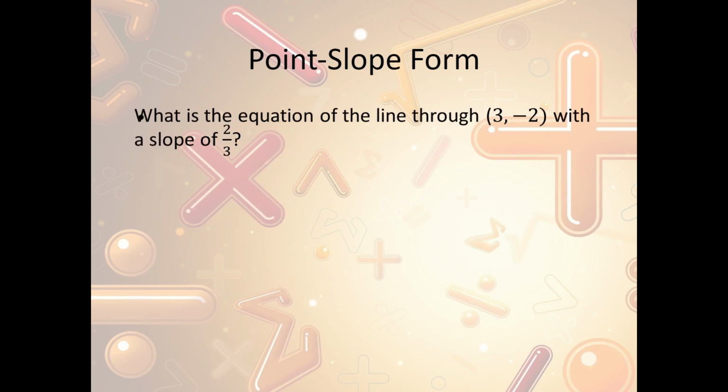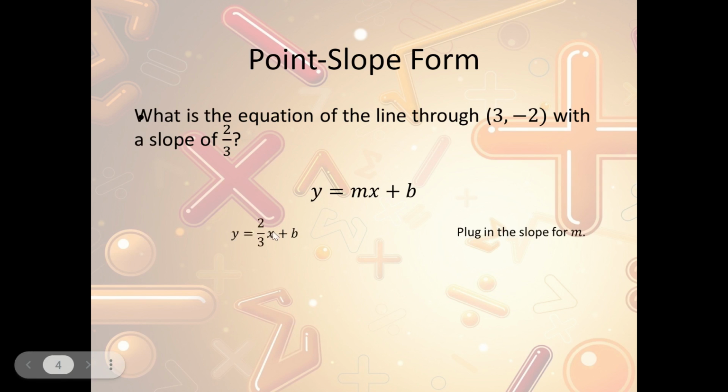So let's take a look at an example of this. It says, what is the equation of the line through (3, -2) with a slope of 2/3? So first, we take our y = mx + b, and we're going to plug in what we know. We'll plug in the slope first. The slope is 2/3, and that goes in for m. So now this says y = 2/3 x + b.